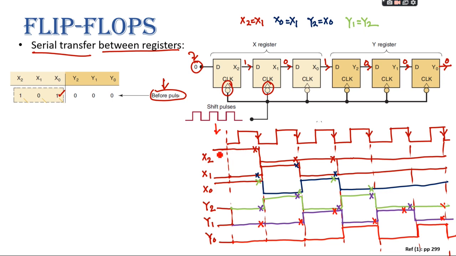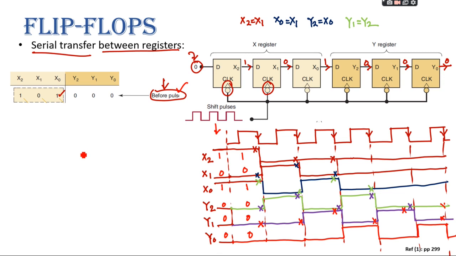So here you can see this was 1 0 1, then 0 0 0, right? Which was before the pulse, right? Yes, sir. So after the first pulse, what is the value? 1 0 1, 0 0 0, right? Yes, sir.